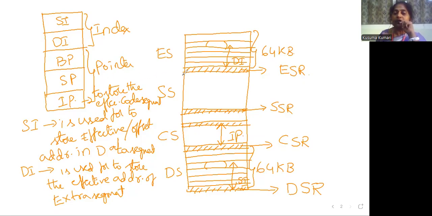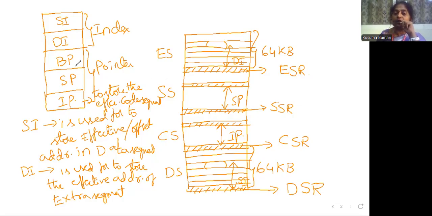Suppose this is the stack segment, and this is one particular memory location. In this stack segment, this is the segment base, and the segment base is available in the stack segment register, and the offset address is available in the stack pointer.